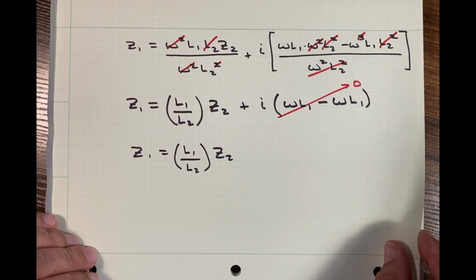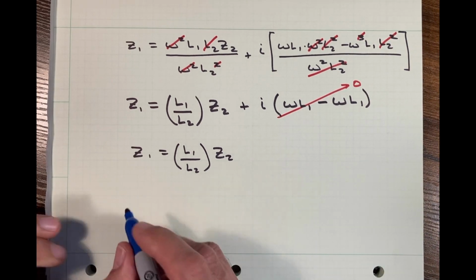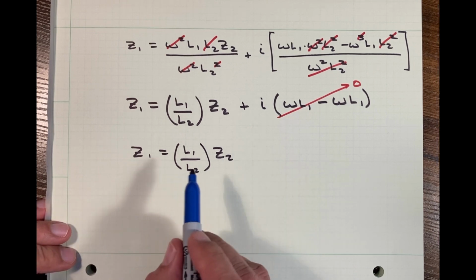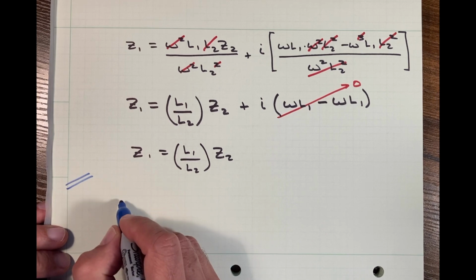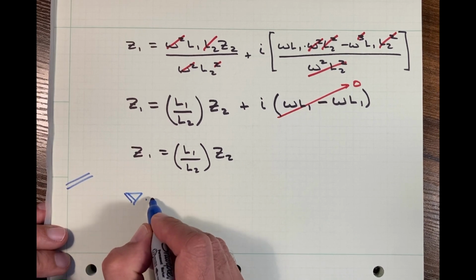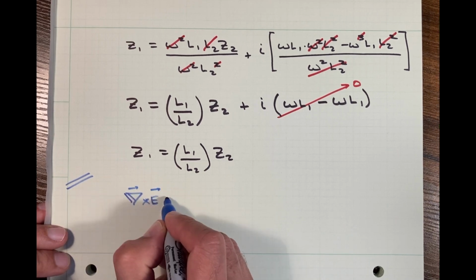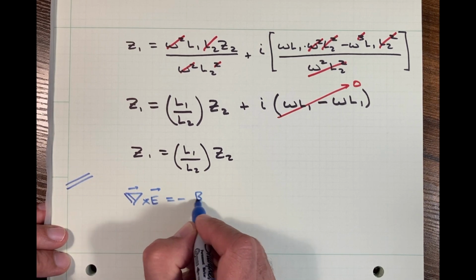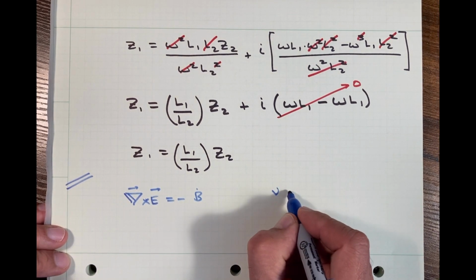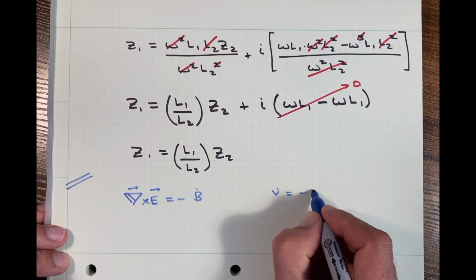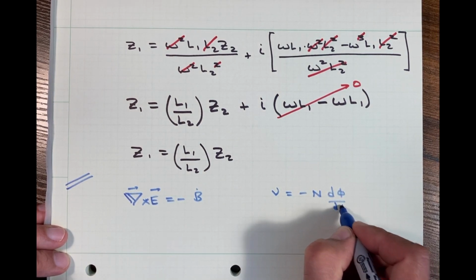Now, what we're going to do here is take an aside and look at something that joins the number of turns to the inductance. And what we can say here, starting with Maxwell's equations, del cross E minus B dot, we have the electromotive force is equal to minus N times d phi dt.